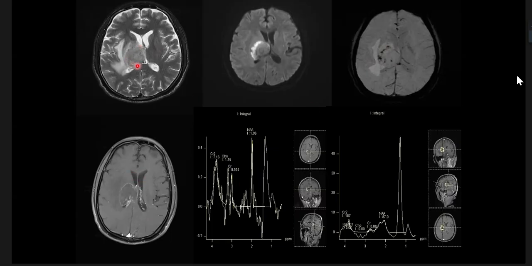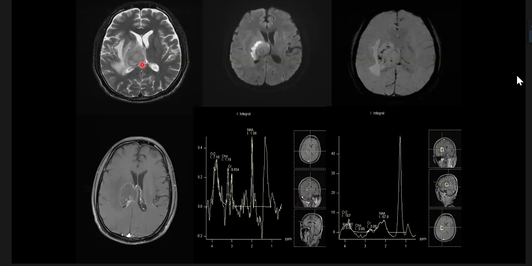Another possibility, as you were saying, is tuberculosis; in the caseating stage it would have shown restricted diffusion. Again, tuberculosis would show irregular margins, and hemorrhages are very uncommon in tuberculosis. Toxoplasmosis is in your differential diagnosis, as you told, with T2 blackish lesions.